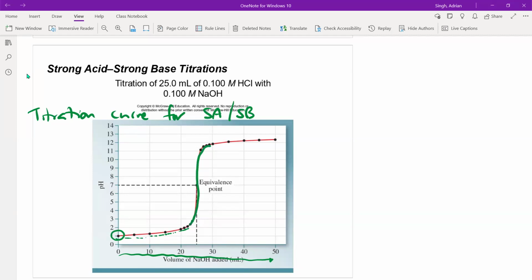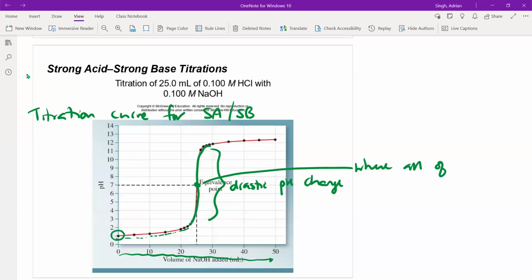So this section here, the drastic pH change, and right in the very center of that is our equivalence point, where all of the acid has been neutralized by the base. And then if we keep adding more base to it, we'll see that the pH changes, but not by a lot after that point.